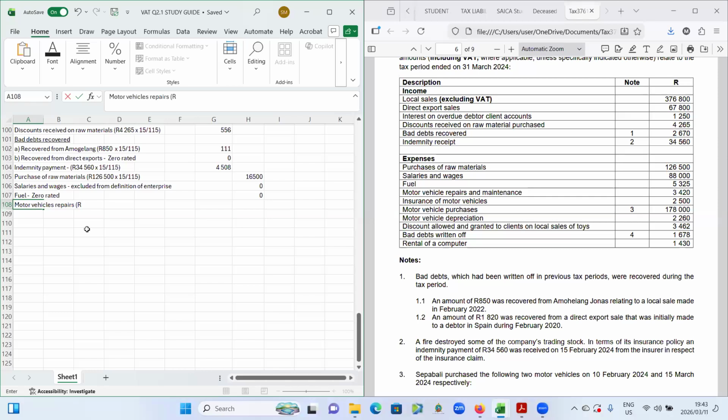I'm not sure whether this motor vehicle is part of a motor car or not. But remember, even on a motor car, you can still claim input tax on repairs and insurance. Input tax is just denied on purchasing. But for other services like insurance or repairs, you can still claim input tax.